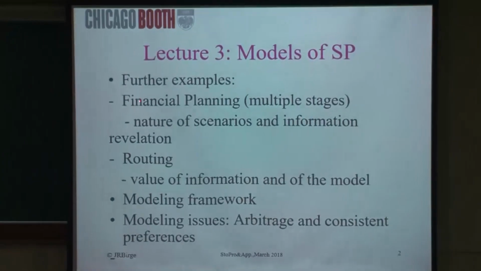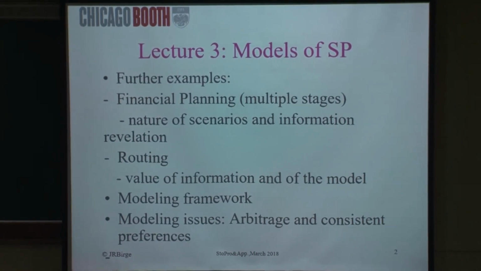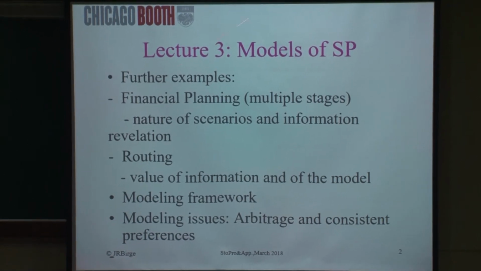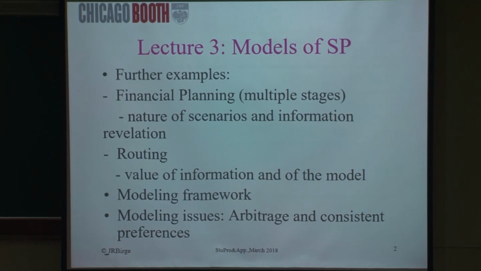But what I'll begin by doing is I'll give you another example of a stochastic program, this time with multiple stages. Here it'll be 3. And what I wanted to illustrate is another feature of stochastic programs, that they allow you to make things depend on the revelation of information and when information occurs.